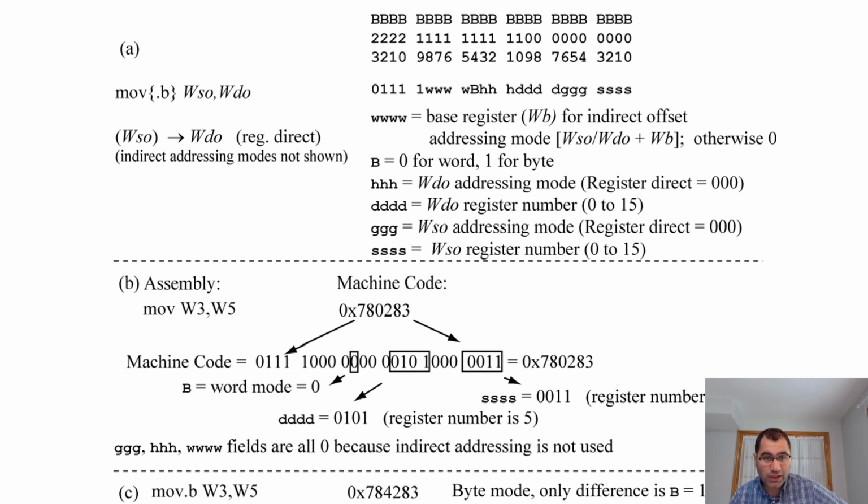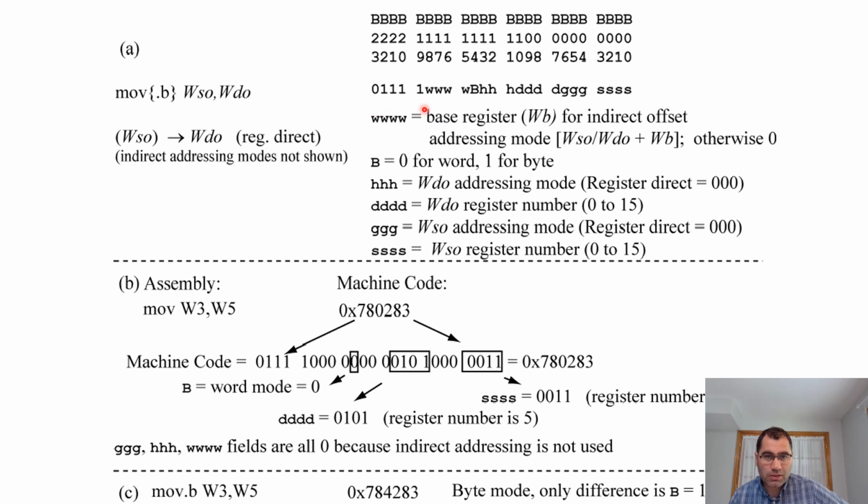So, register direct addressing mode. If you are using direct addressing mode, then www is going to be 0 in our case. Let me have my pointer again.